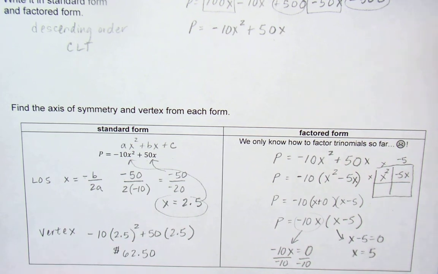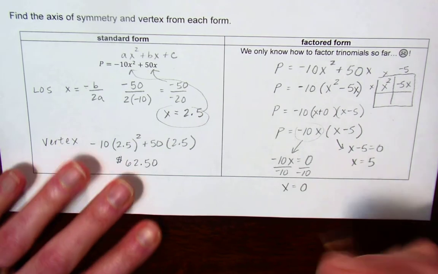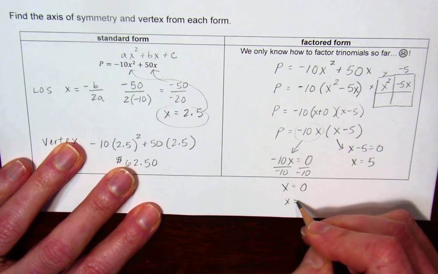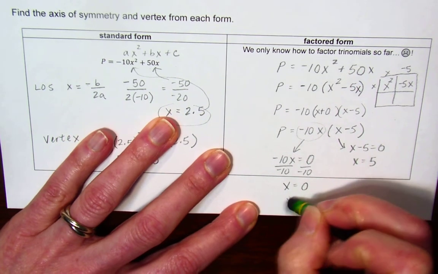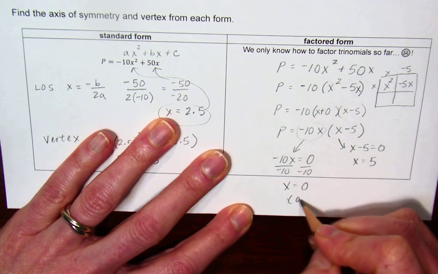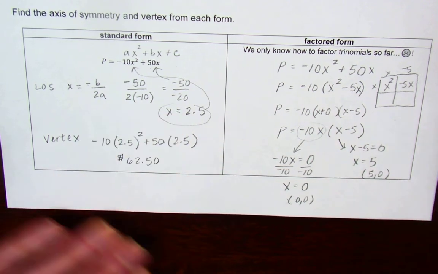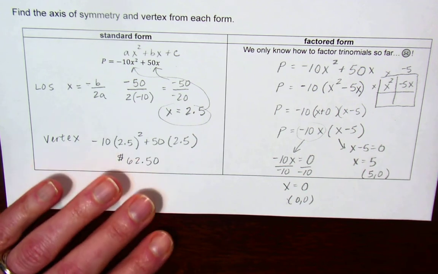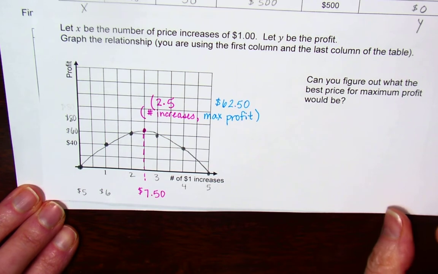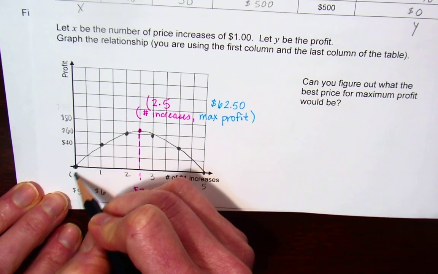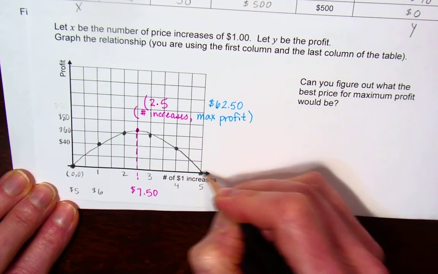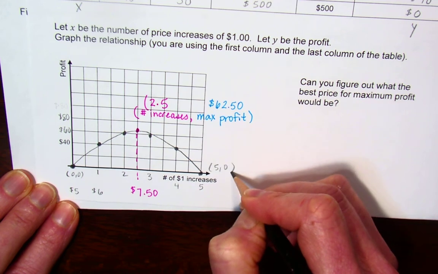So my intercepts for this function are going to be at 0, 0 and at 5, 0. And that was true. In this picture here, my intercepts were at 0, 0 and at 5, 0.